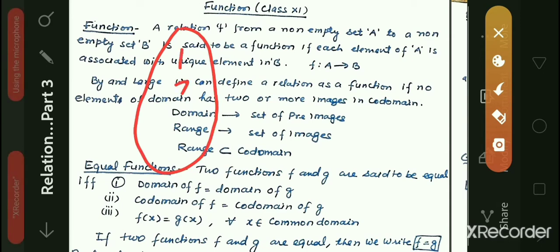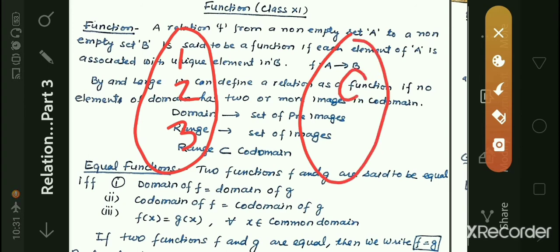Suppose this is set A, with elements 1, 2, 3, and this is set B, with elements a and b. There is a relation f from A to B. The image of 1 is a, the image of 2 is a, the image of 3 is b. Now what about this? This is a function. Why? Because each element has exactly one image.